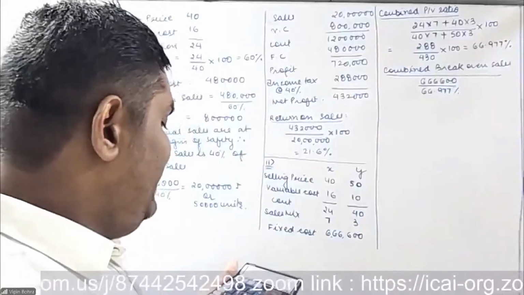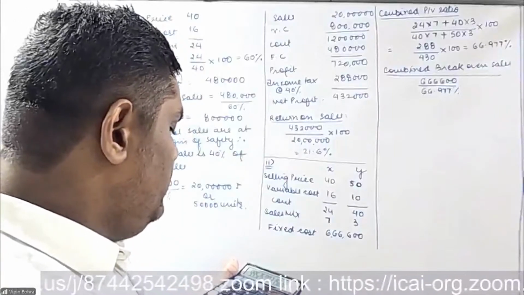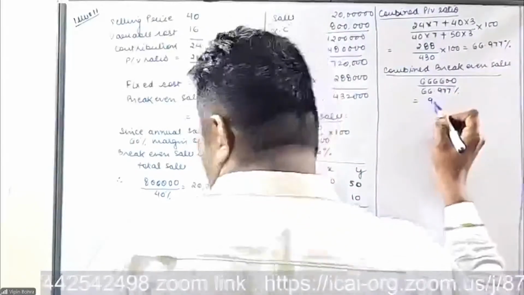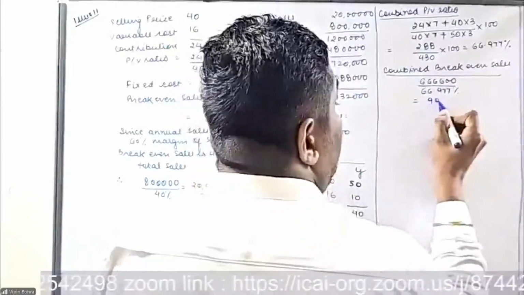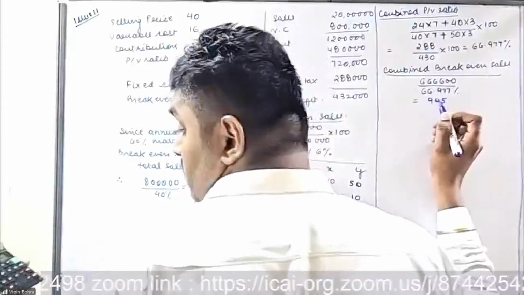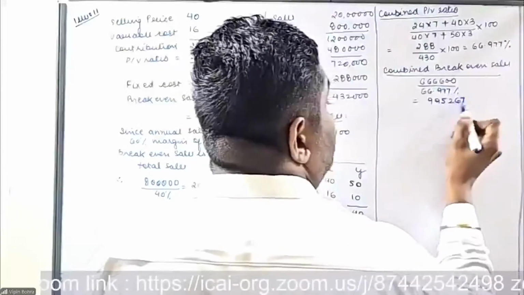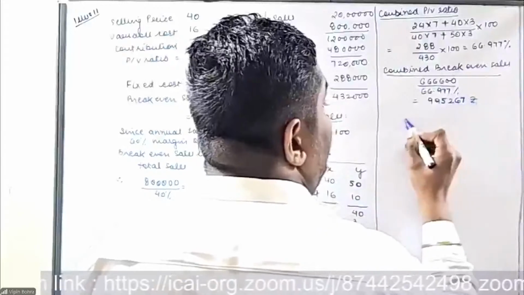So this will be 9,95,267. This is my combined break-even sales.